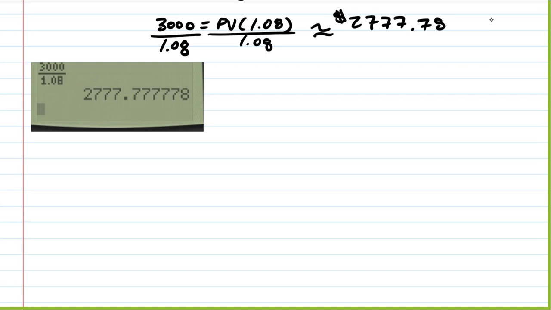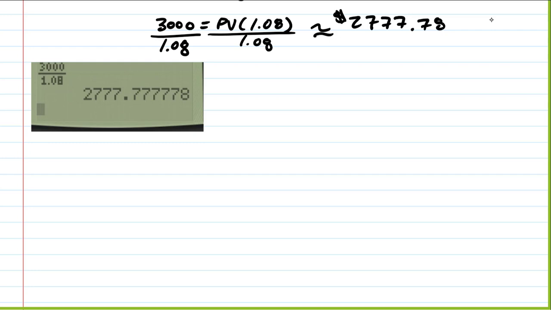So if you invested that today, in 2 years, at that interest scheme, you would have the $3,000 that you needed for your child to go study abroad.